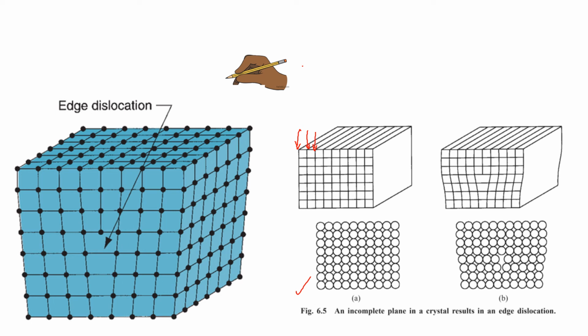If one of these vertical planes does not extend from top to bottom of the crystal, but ends part way within the crystal, as you can see here. See, this plane is not completely extending from top to bottom, but it ends part way from the top.